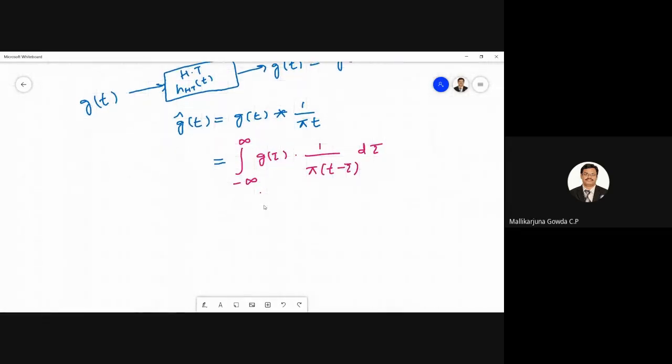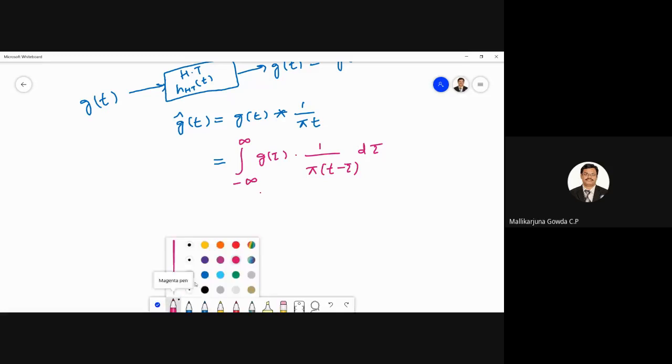So with respect to this, I can take 1 by pi outside because it is constant. 1 by pi, then what can I write?